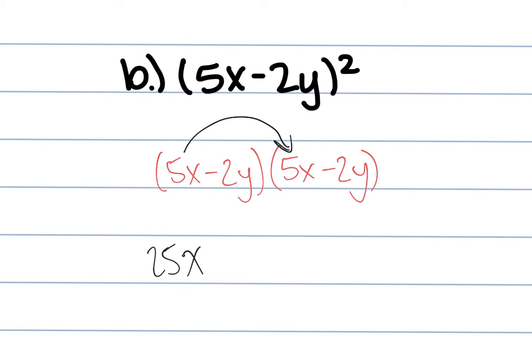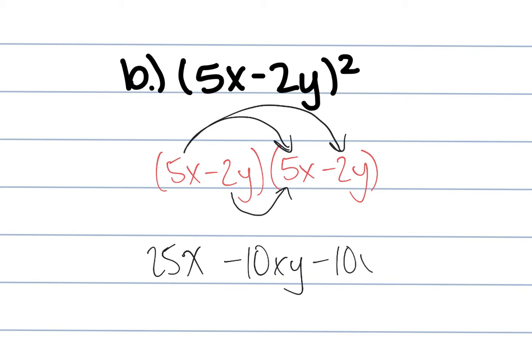And then 5x times negative 2y is negative 10xy. Then negative 2y times 5x is negative 10xy. And then negative 2y times negative 2y is positive 4y squared.